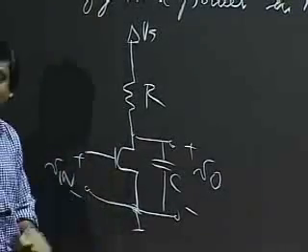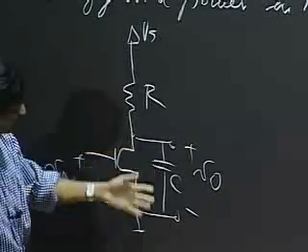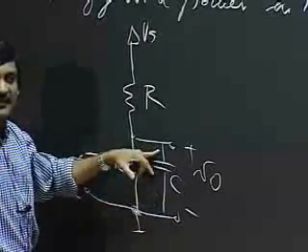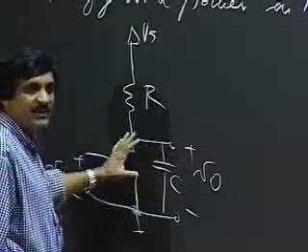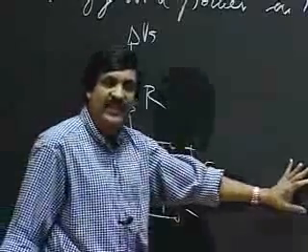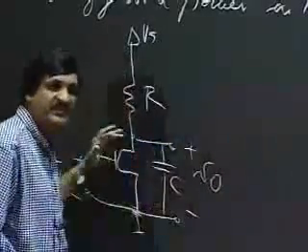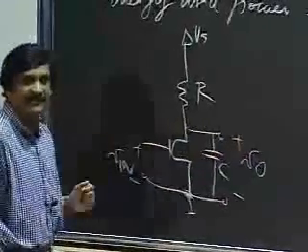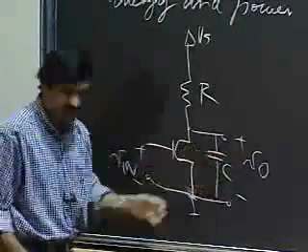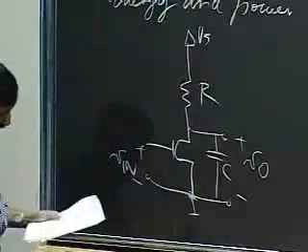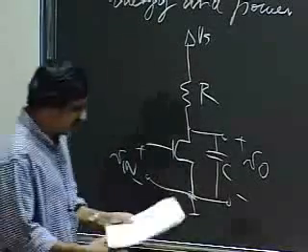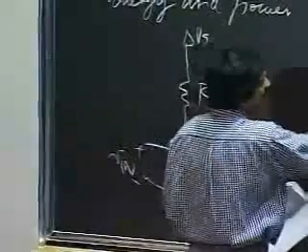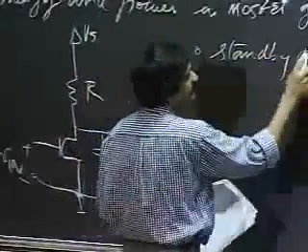And this is the inverter that we all know and love. And here I've stuck in a capacitor. This capacitor is meant to model the input gate capacitance of whatever this inverter drives, plus any capacitance of the wire leading up to that gate, and so on. So it's just a lumped capacitor that I've stuck on there. I'm interested in determining a few things. One is what we call the standby power.